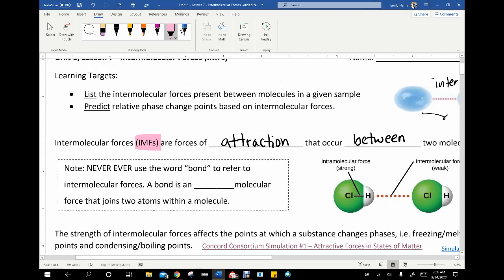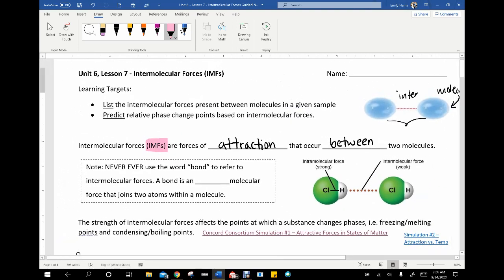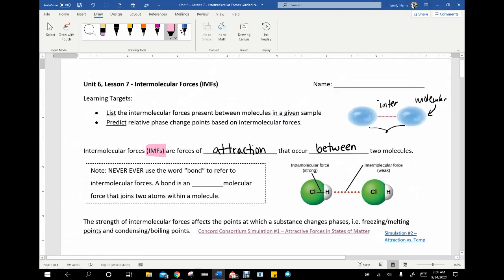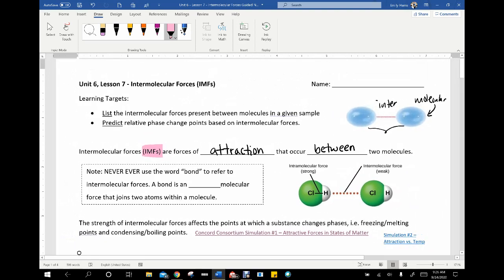All right. Now, a quick note that's going to be a big point for us this year as teachers: never, never, never, never, ever use the word bond when talking about intermolecular forces. The bond is what's known as an intramolecular force that is joining two atoms within a molecule.